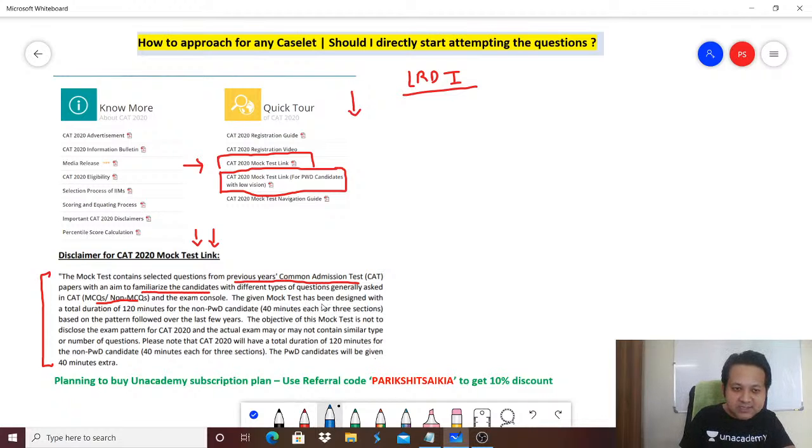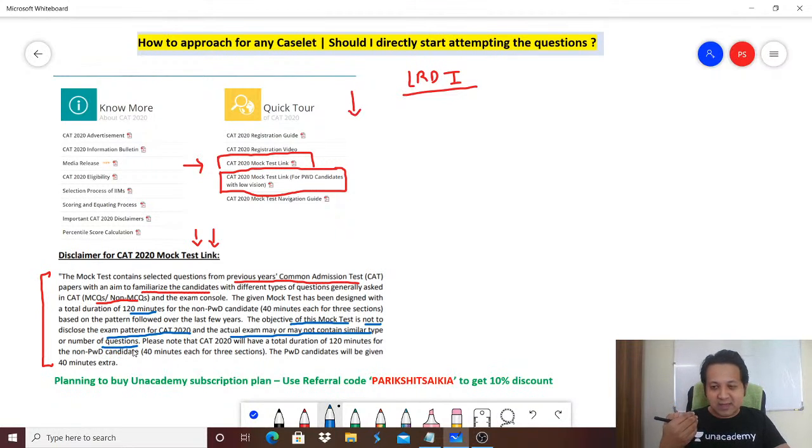They specifically mentioned that the given mock test has been designed with a total duration of 120 minutes and 40 minutes extra for PwD category students. But the objective of this mock test, very important, is not to disclose the exam pattern for the CAT, and the actual exam may or may not contain a similar number or type of questions.